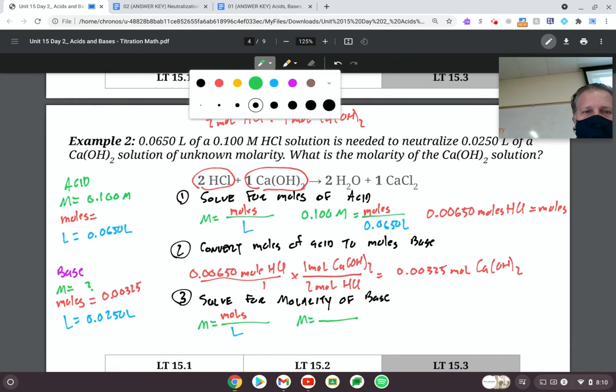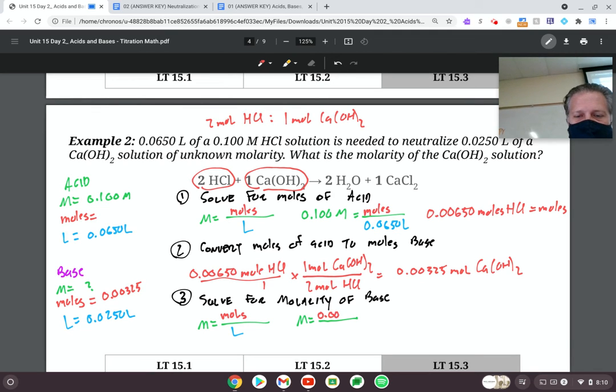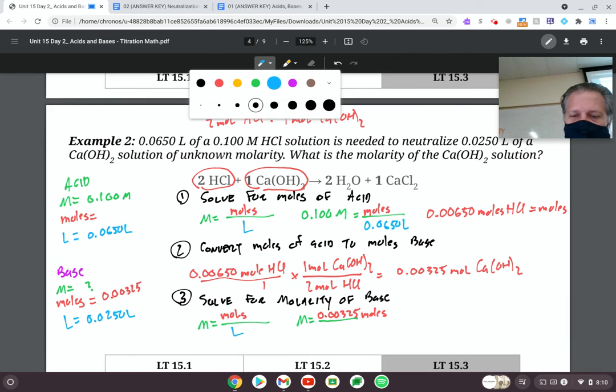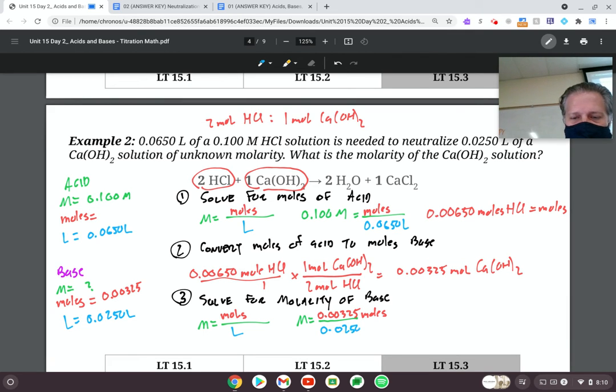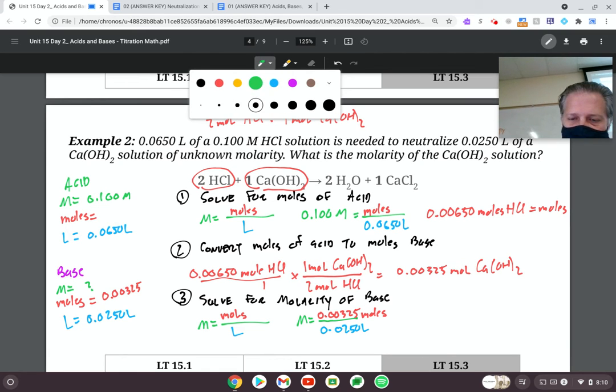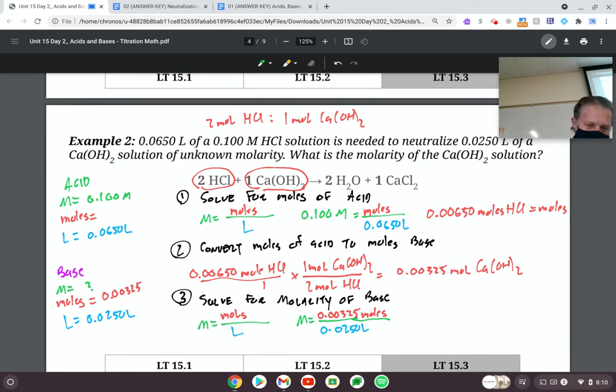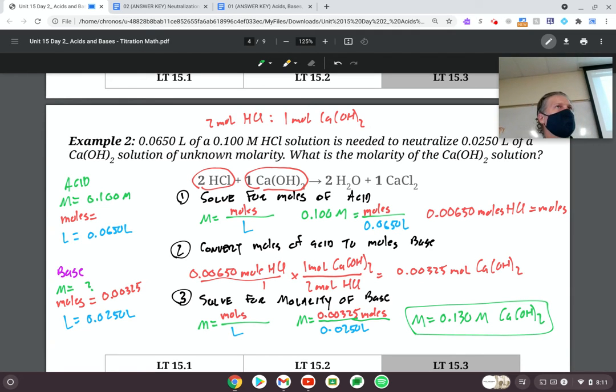So I'm going to take the 0.00325 moles, put it on top, and the volume, which is 0.0250 liters, throw that on the bottom, and then I'm just going to simply divide. And I get something like a concentration of 0.130 molar Ca(OH)2. All right, so for those of you that are playing along, this is what I got.